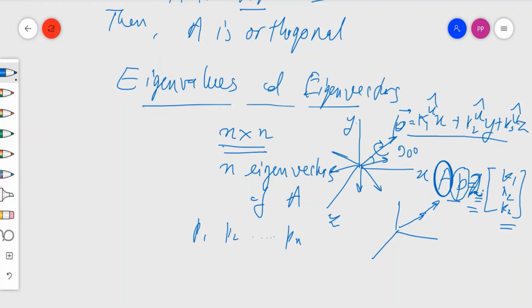So let us consider one such eigenvector of A as v1.